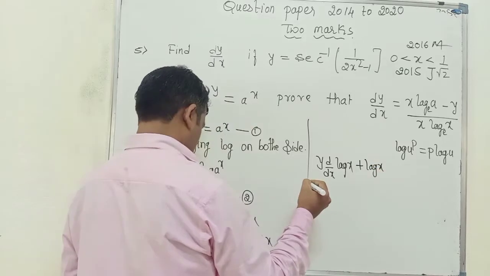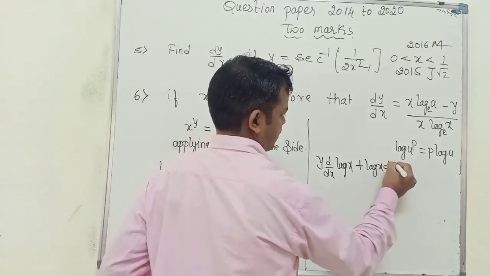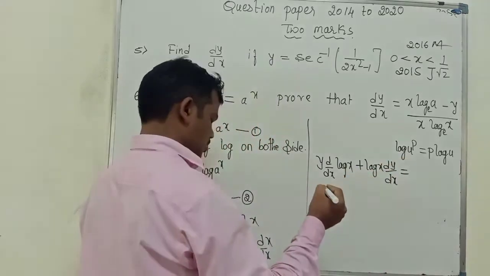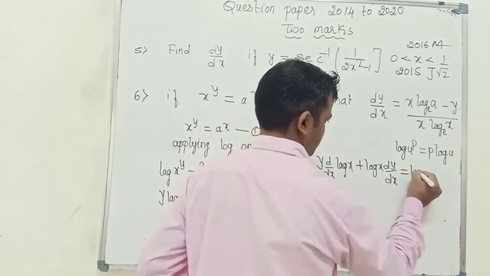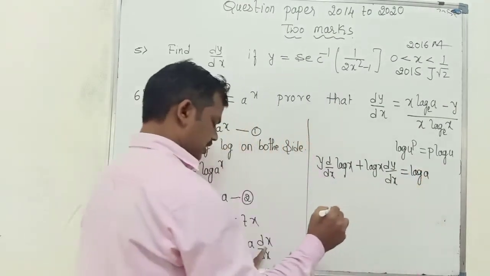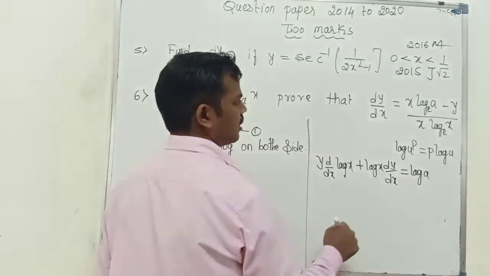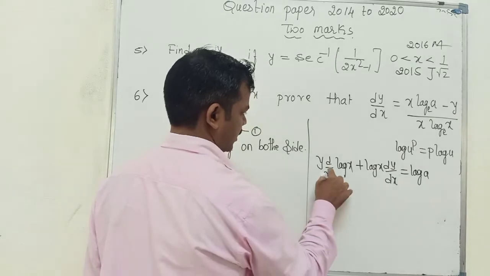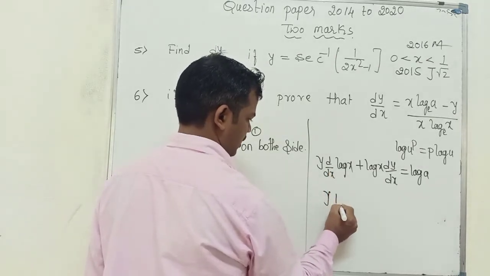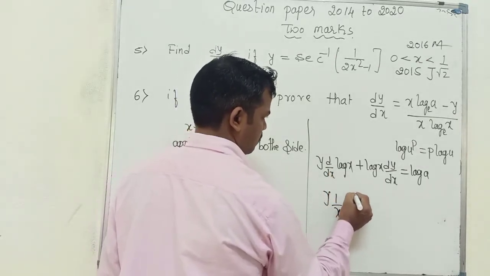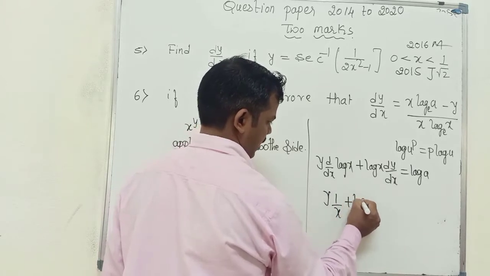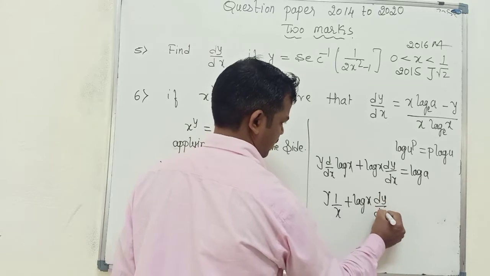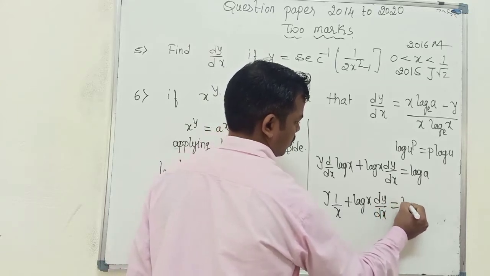Then derivative of y, that is dy by dx is equal to, so log a is a constant into derivative of x is 1. We got log a. So next here what we are getting: y, derivative of log x is 1 by x, plus log x into dy by dx is equal to log a.